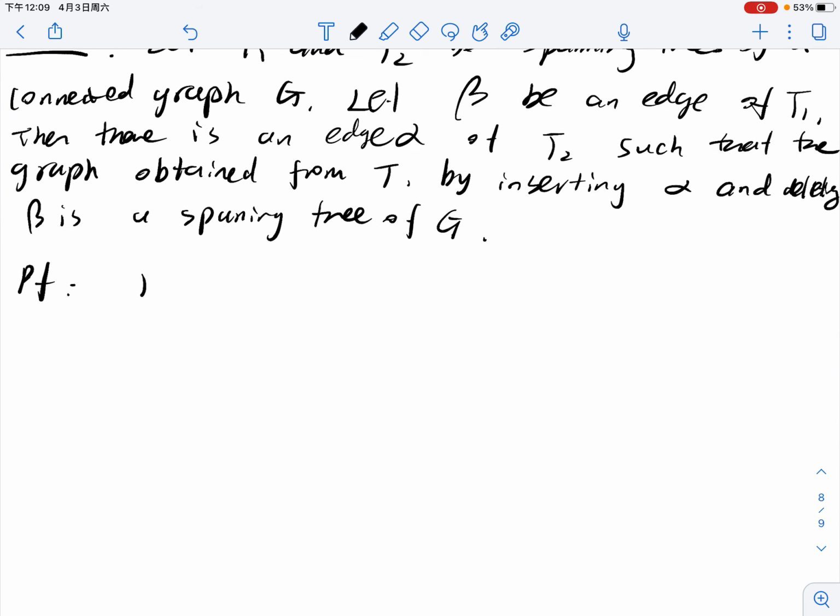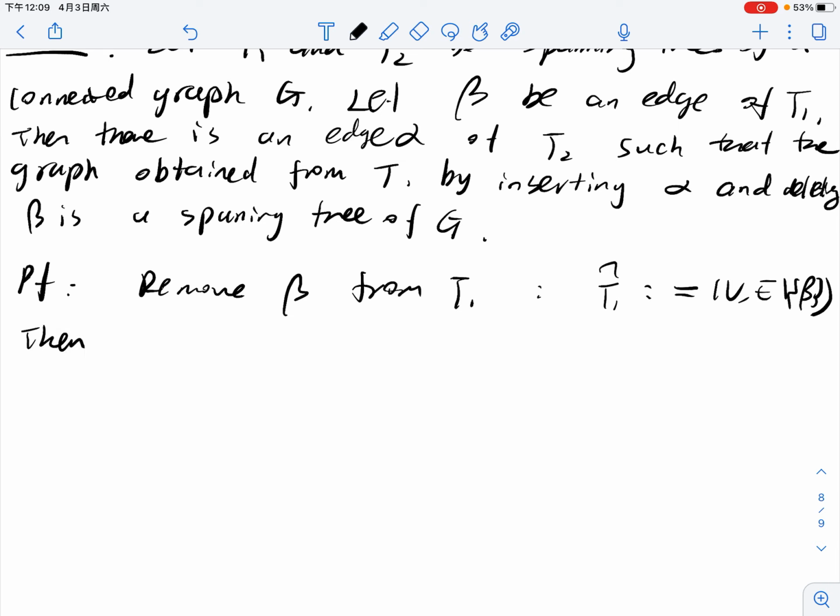Proof. Remove beta from T1. We have T1 hat defined by this. So this is a subgraph. Then T1 hat has two connected components, T1 hat prime and T1 hat double prime.